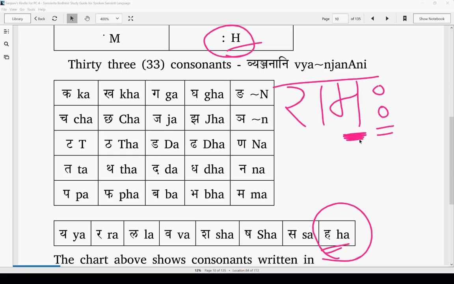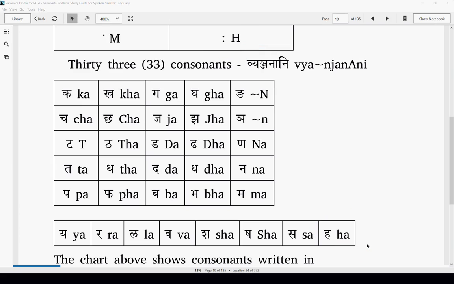Here there is a vowel built into this symbol ma, because ma is nothing but ma plus a. And then there is a visarga sound following it. So how are you going to pronounce it? It should not be pronounced with this ha sound, Ramaha. It can be pronounced Rama.